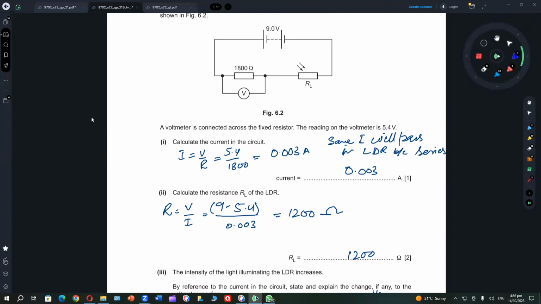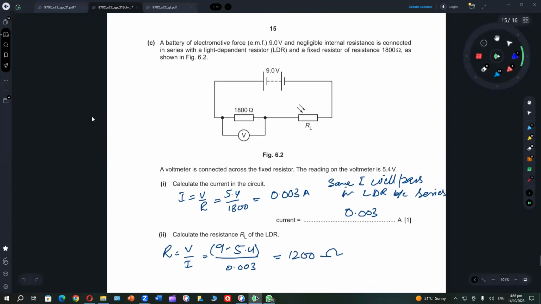The formula is I is equal to V upon R. Now, we have the resistance, and if you see the question from here, the resistance is 1800 ohm. The battery is 9 volt. The voltmeter reading is 5.4. So, we can put the formula I is equal to V upon R and solve it.